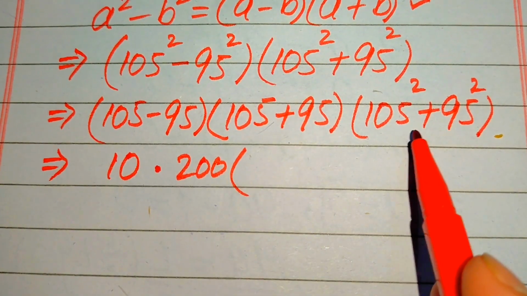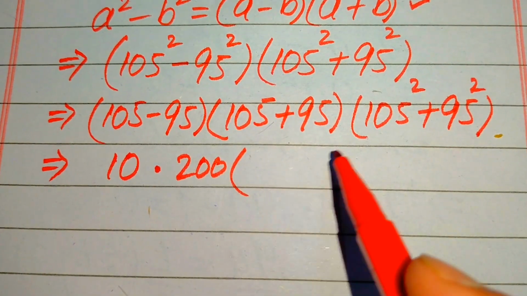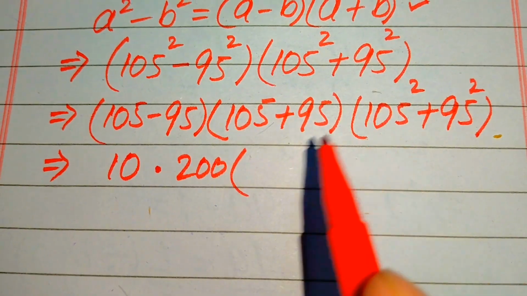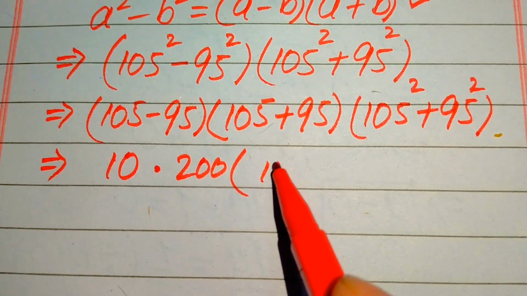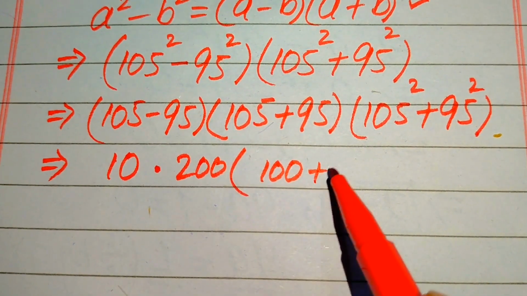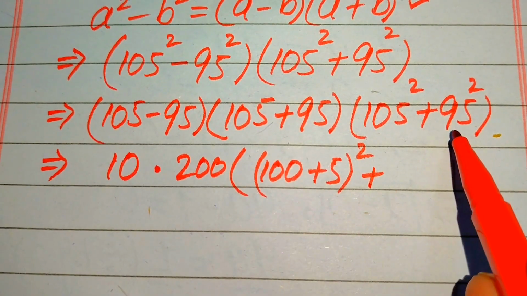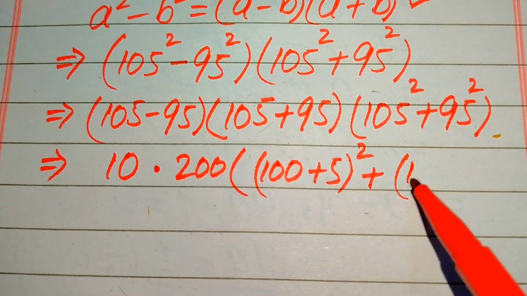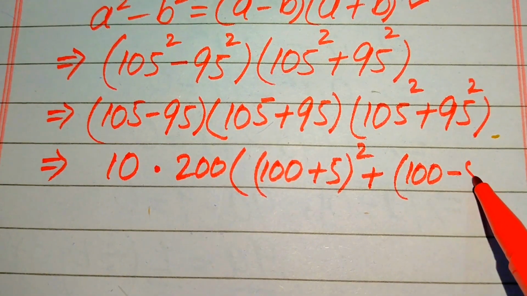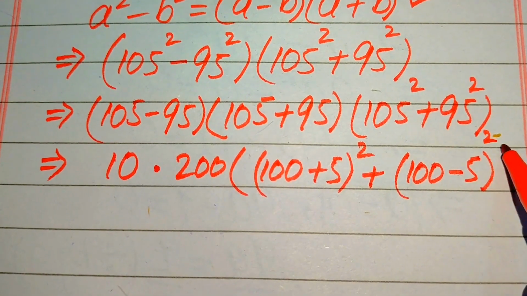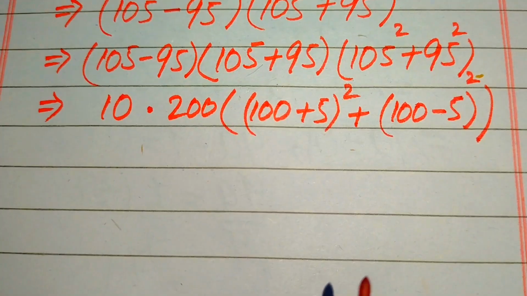Into here we break both of these two values: we write 105 square as 100 plus 5 whole square, and plus we write 95 as 100 minus 5 whole square. So we need more simplifications here.